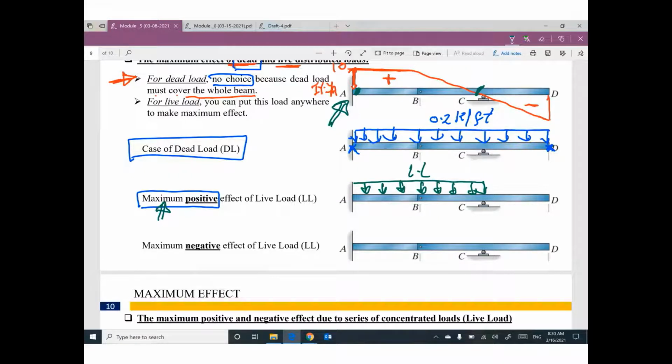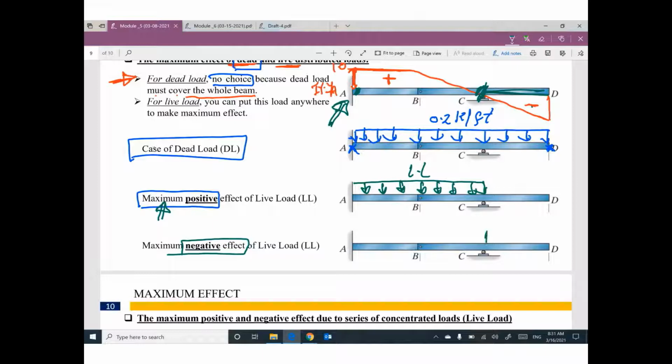Okay, can you tell me where I can put the live load to get the maximum negative effect of YA? Go ahead and look at YA. Where is the negative part of diagram YA? I think the negative part is from C to D. Here is the negative part of this diagram.